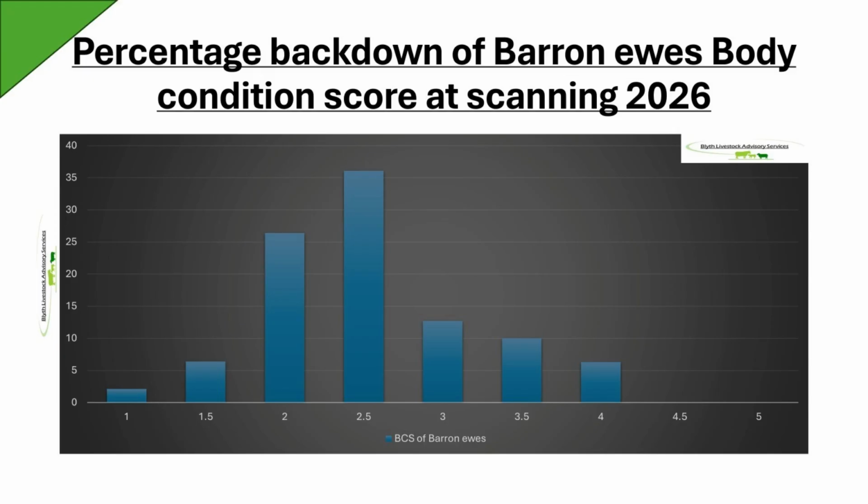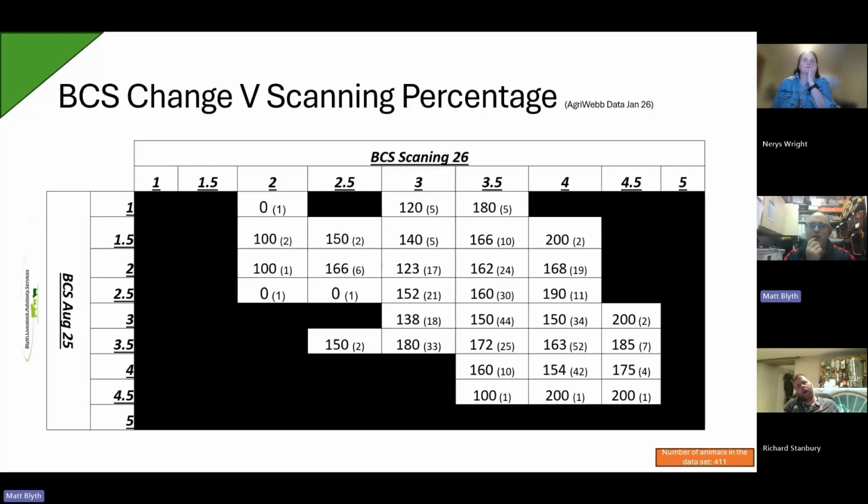You did say though, Richard, that there weren't many of the barreners where you looked at them and thought, why aren't you in lamb, without putting words in your mouth? Yeah, that's right. We obviously had that thin group anyway, and there were about 20 in there. If we transfer over to this, it explains a bit more where the changes are happening.